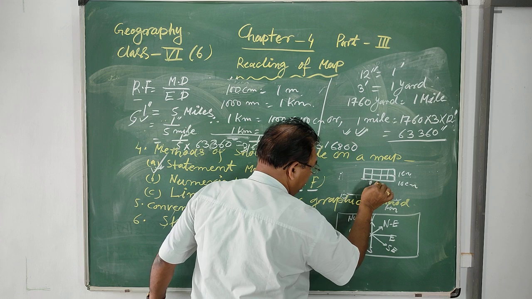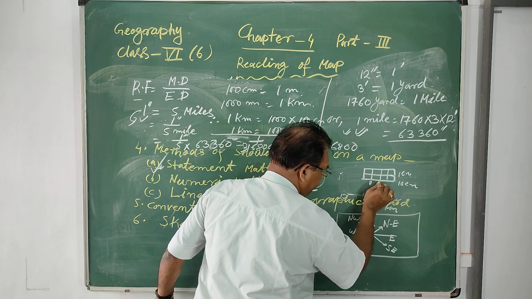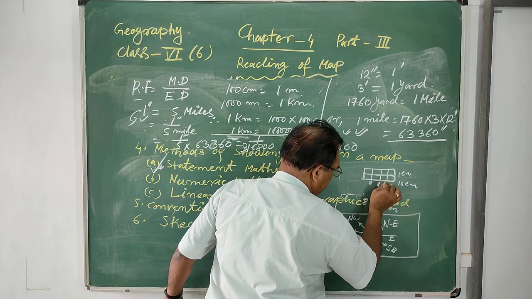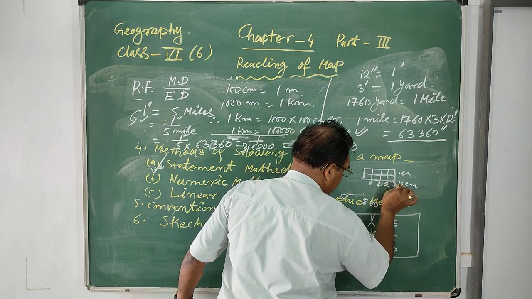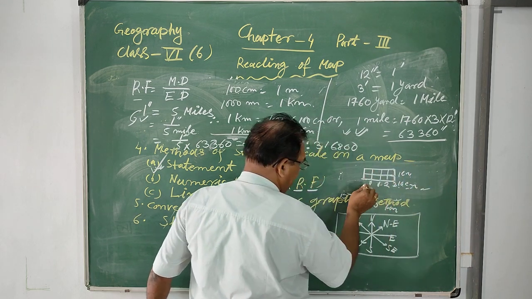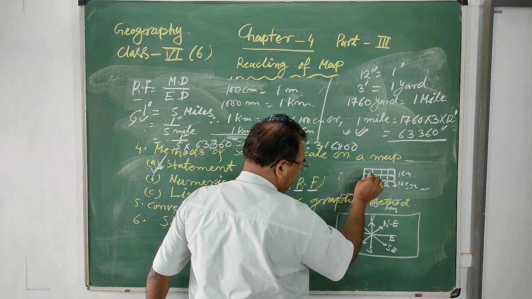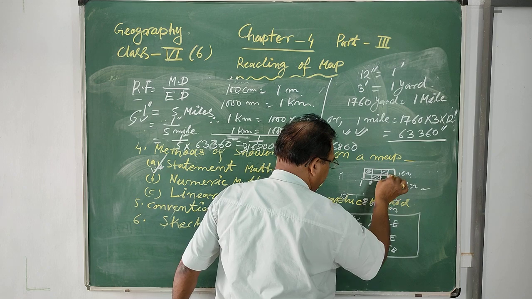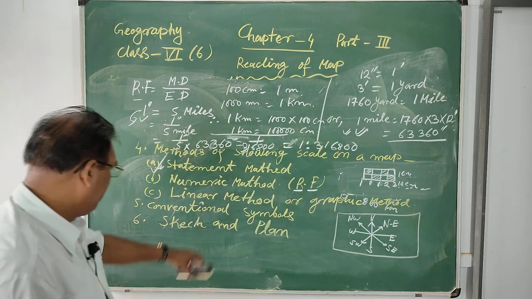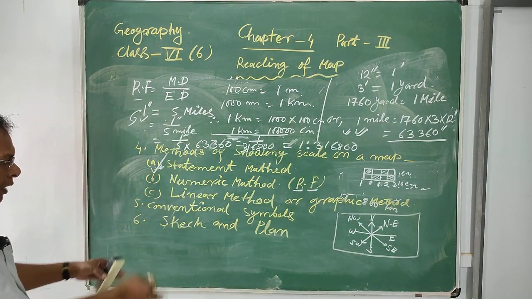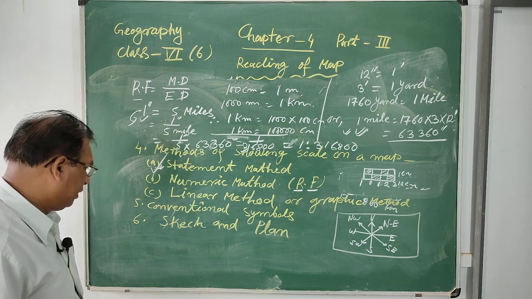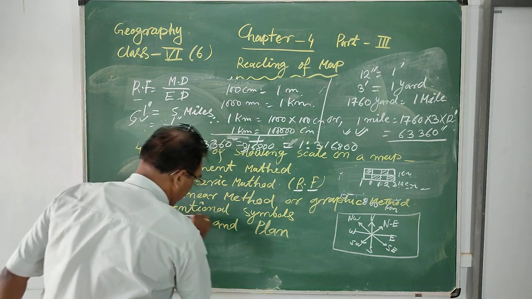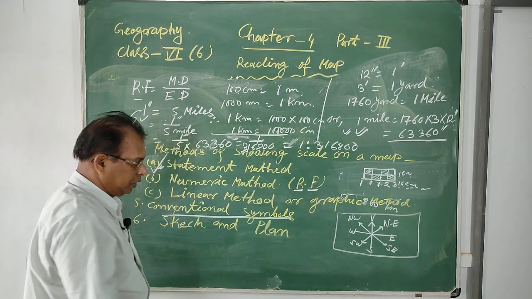Suppose it starts at 0 and goes to 10, with 1 centimeter, 2 centimeters, 3 centimeters, and up to 10 centimeters. You can set these types of scale, and you will find them given in your book. There are many methods used for the scale of a map, and the different conventional symbols are also given in your book.